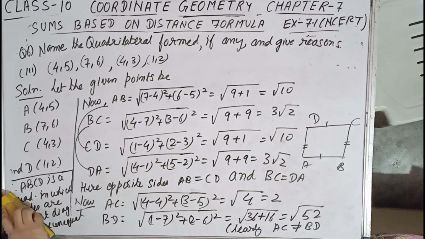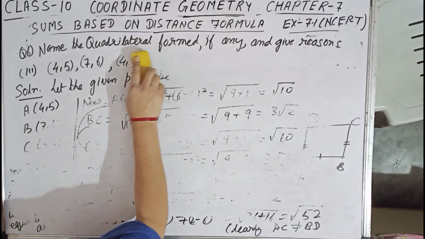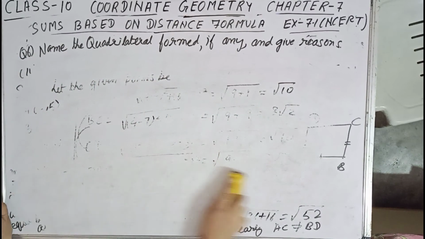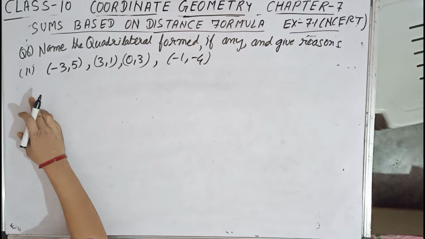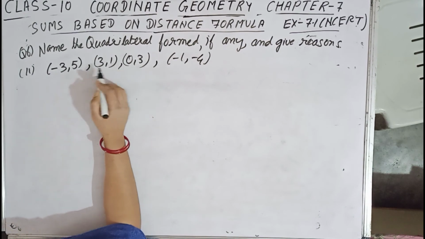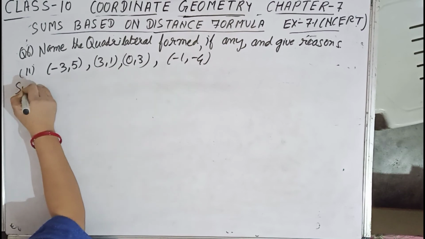Now let us move to one more subpart. Let me do number 2. Here the 4 points are given as (minus 3, 5), (3, 1), (0, 3) and (minus 1, minus 4). So let us first name the points.